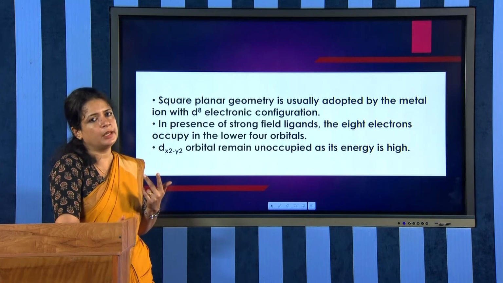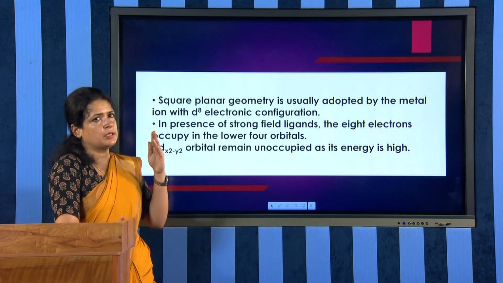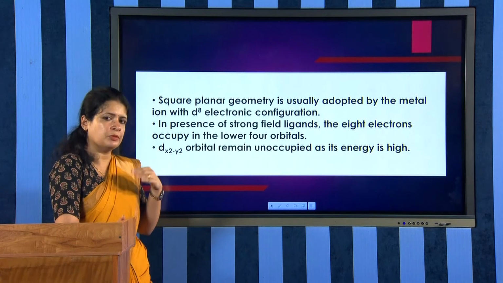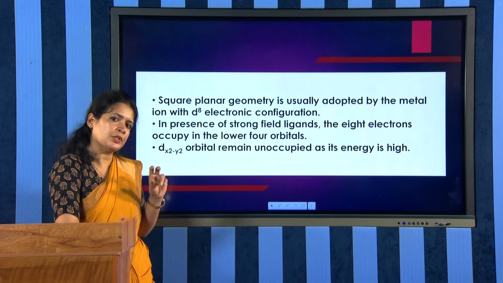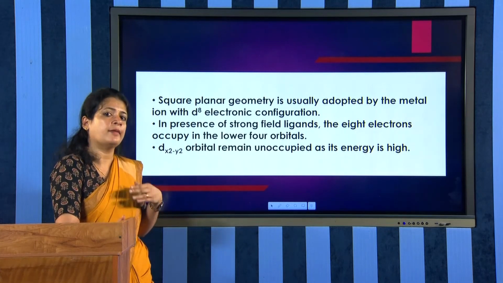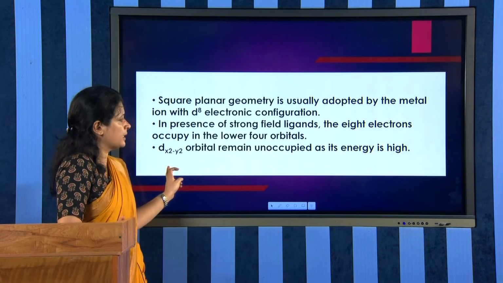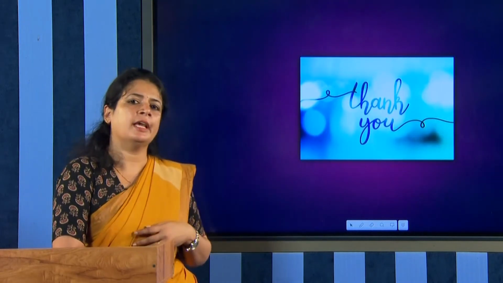In the case of tetragonal elongation, it is the z orbitals that will have the lower energy. In the case of tetragonal compression, it is the z orbitals having the higher energy. So, in this class we have discussed the tetragonal, tetrahedral and square planar crystal field splitting.